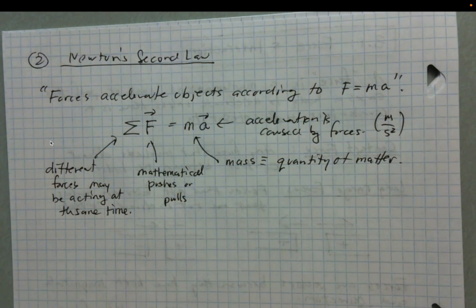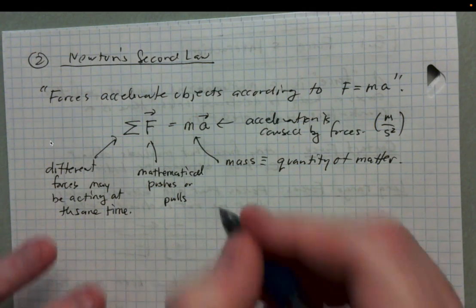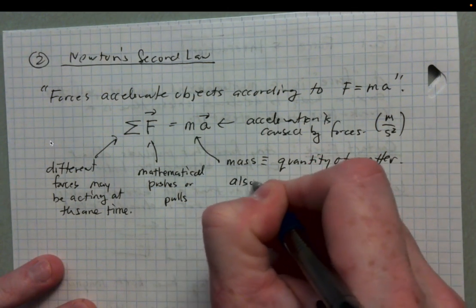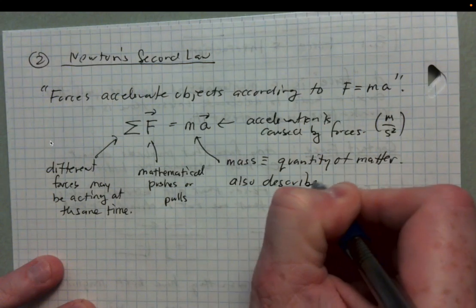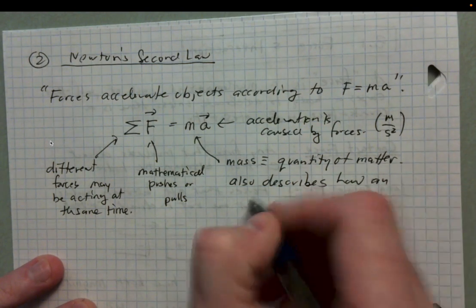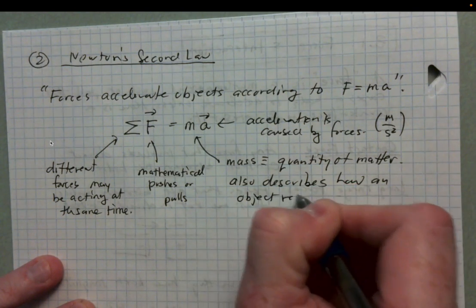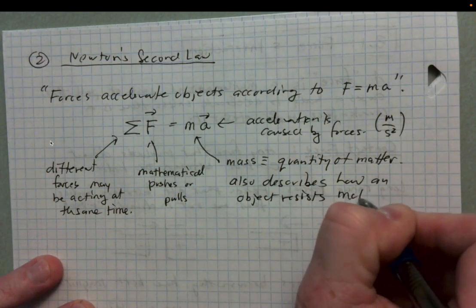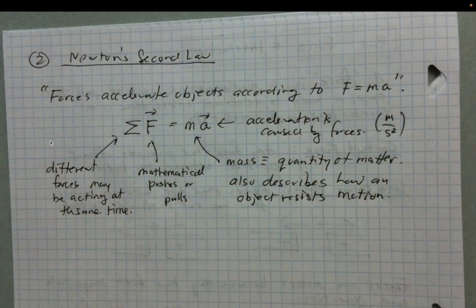Now, another thing is that because it's a scalar on this acceleration vector, mass also describes how an object resists motion. This is back to the idea of inertia.